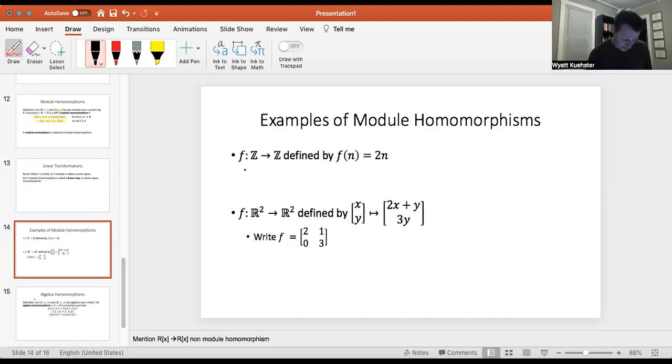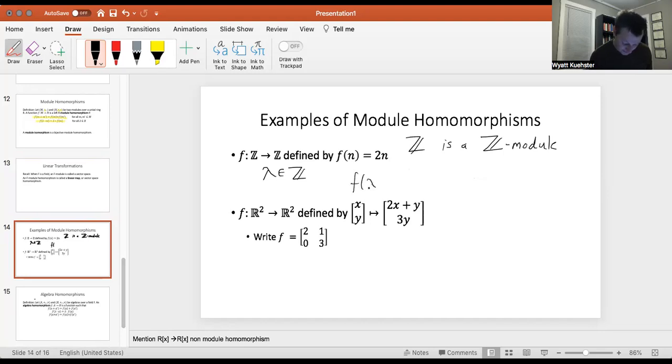So this abelian group homomorphism, we already checked that it respects addition, but it also respects multiplication, because if lambda is in Z, Z has an obvious structure as a Z module, both because everything is a module over itself, and also because abelian groups are the same as Z modules.